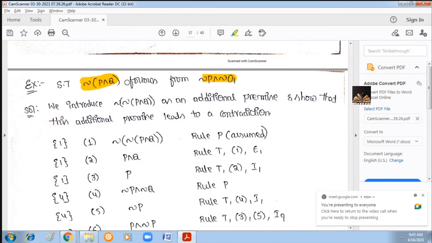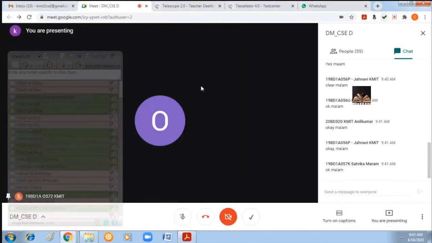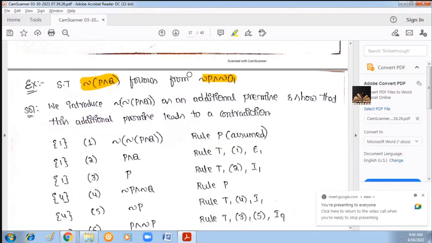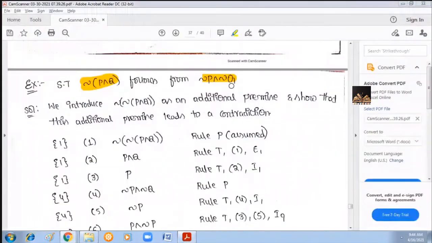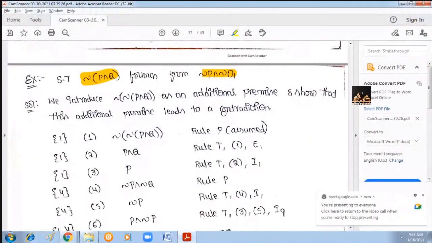Negation of (P and Q) follows from negation P or negation Q. Which law, which rule is it? Negation of (P and Q) is equal to negation P or negation Q.